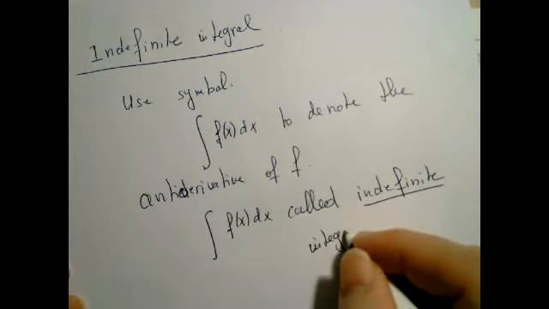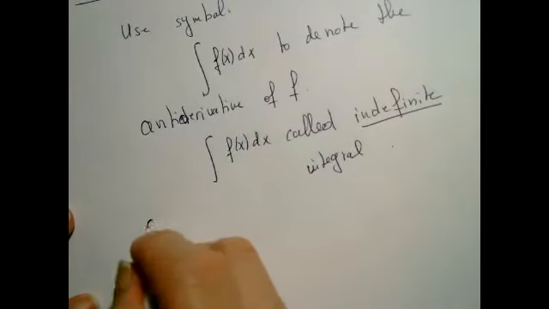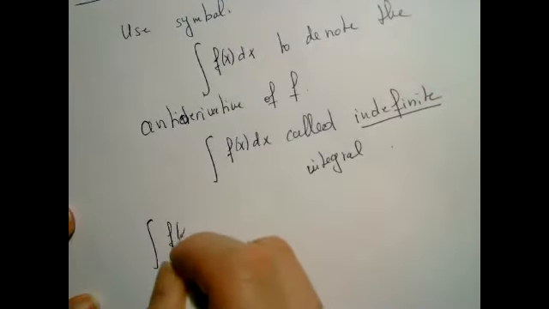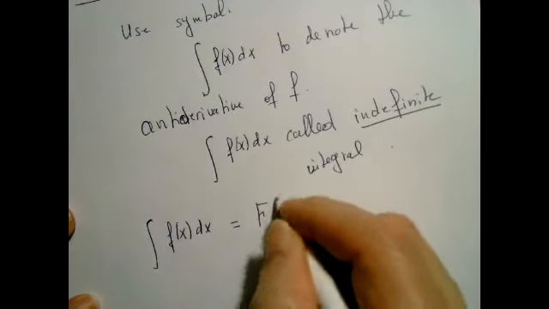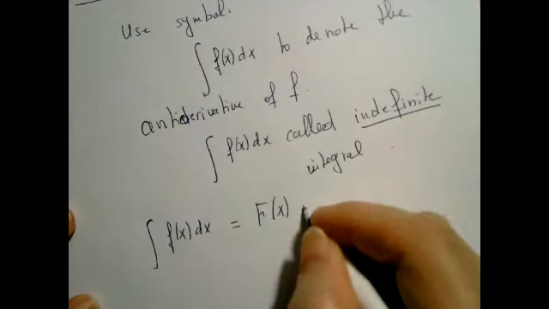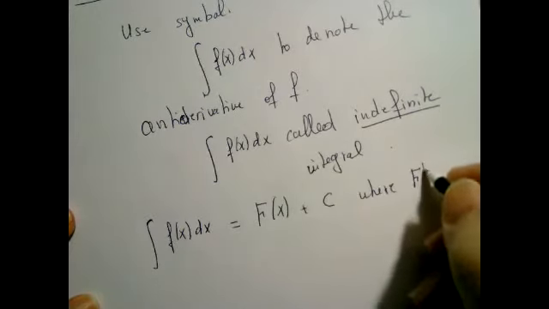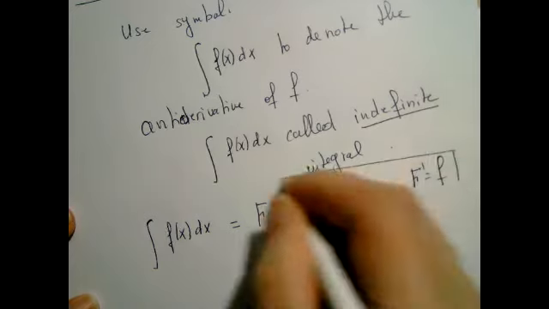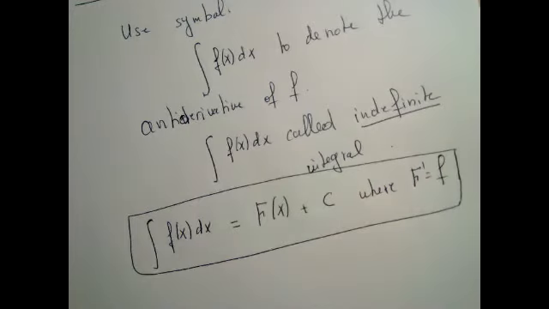Indefinite integral. So what the indefinite integral is? The indefinite integral of f of x dx is nothing more than the antiderivative of f, where F prime is equal to f. It means the indefinite integral is a function.